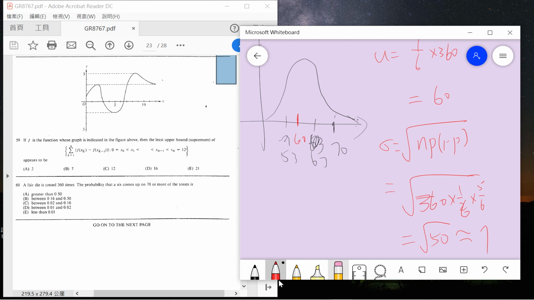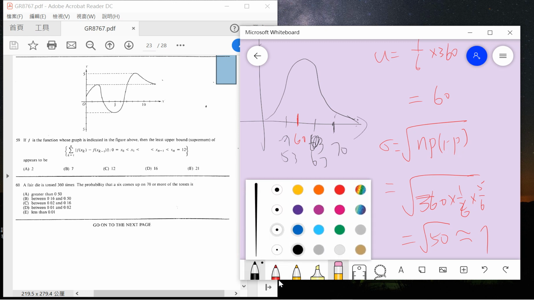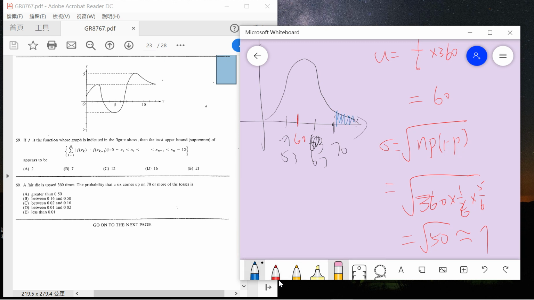So we need to estimate the portion from this area. Okay, so you just see the graph. The first option A is not correct because it's definitely smaller than 0.5. Okay, so now the problem is which of B, C, D is correct.